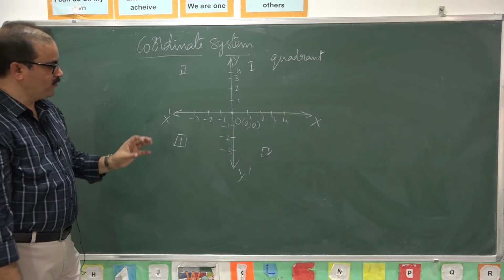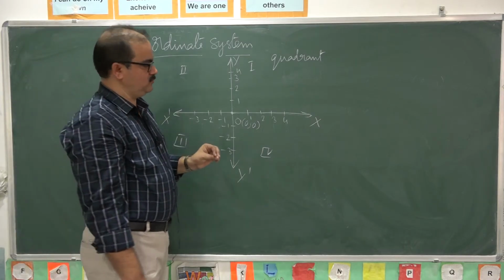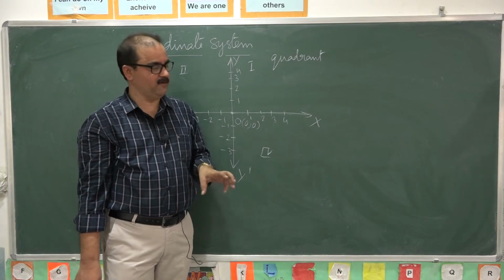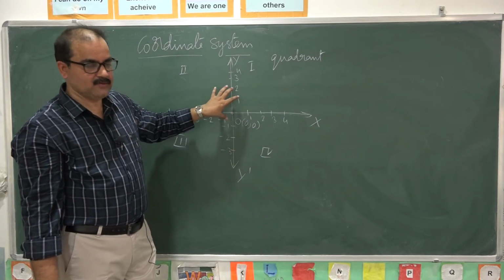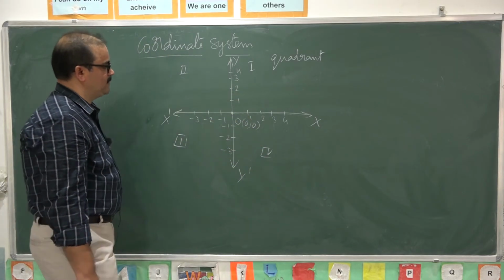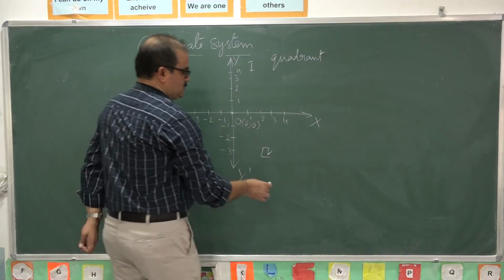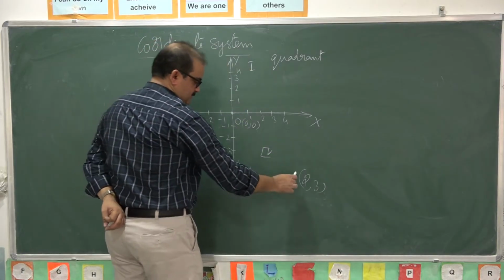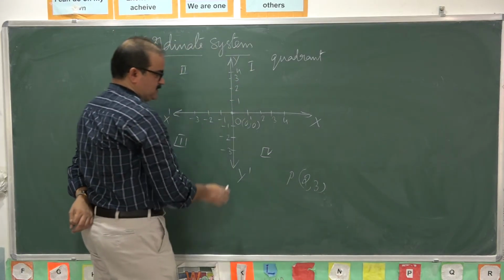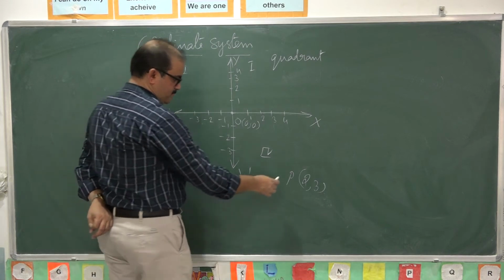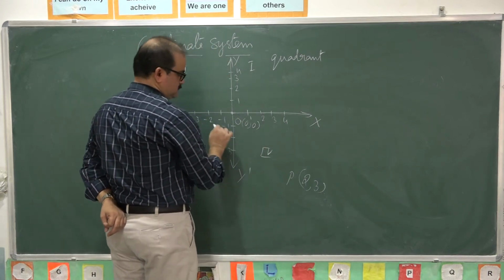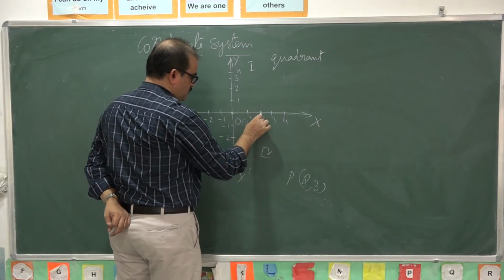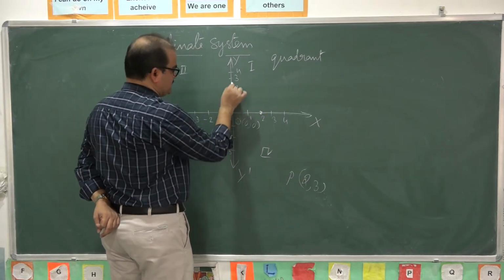Now we observe how to represent a point or an ordered pair of real numbers in this coordinate system. Suppose you want to represent a point P(2, 3) in this coordinate system.